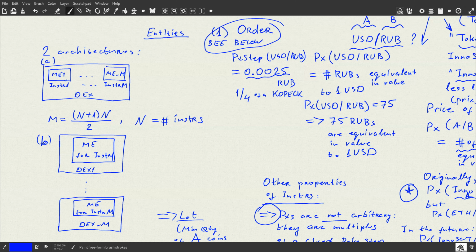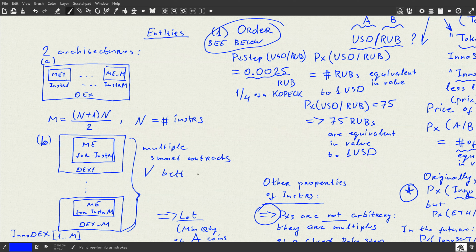So for flexibility, initially at least, I would probably recommend architecture B. In this case, we have multiple smart contracts, for example called Innodex 1 to M. I would prefer this way, initially at least, while we are learning how to do it. It is better for flexibility.